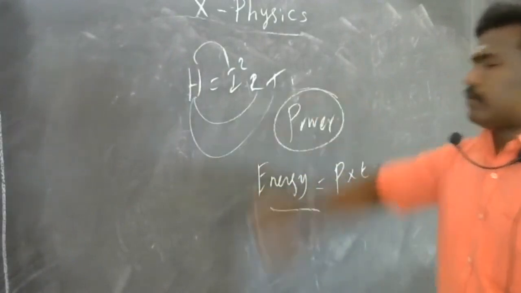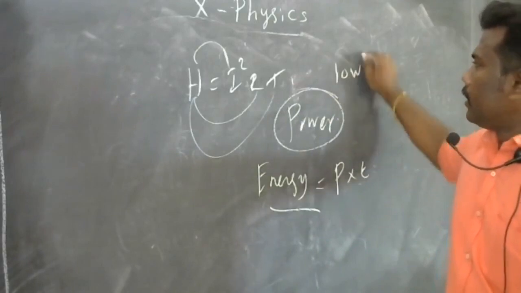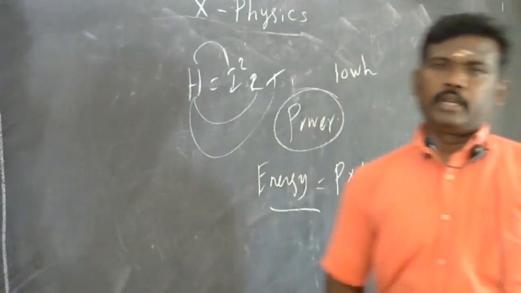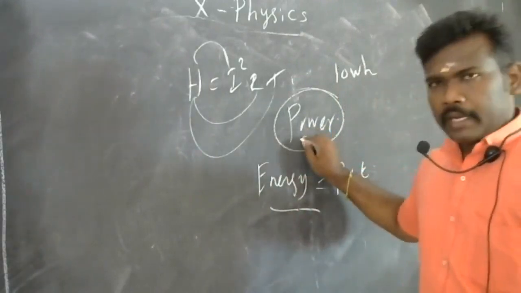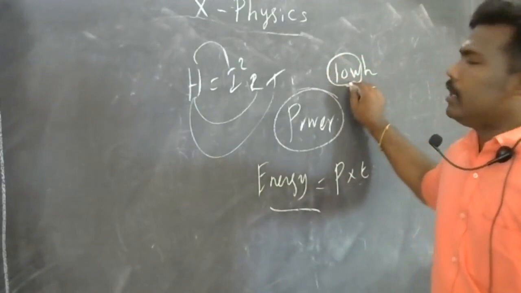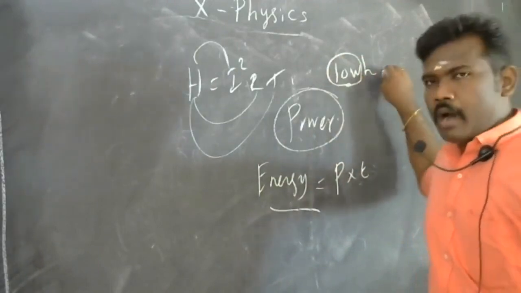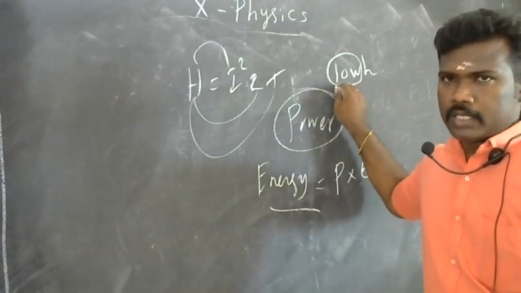They give the power value. If the fan works at 10 watts for an hour, the electric fan uses 10 watts of power in 1 hour.